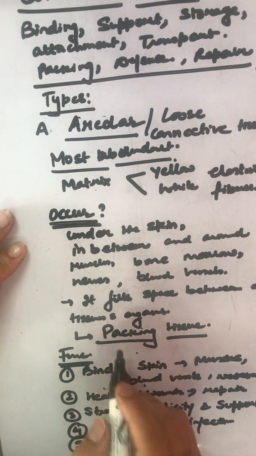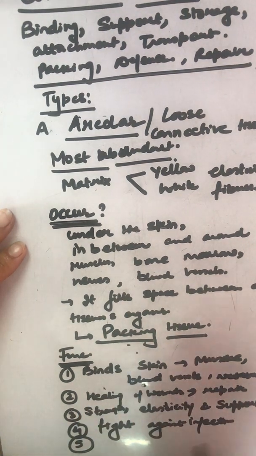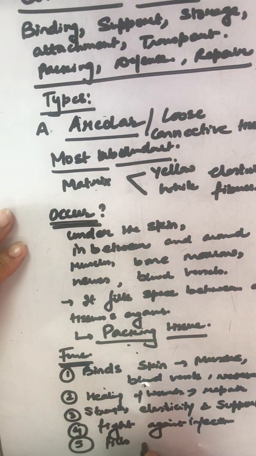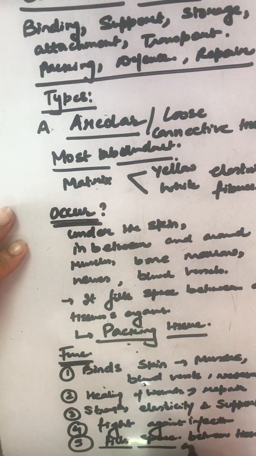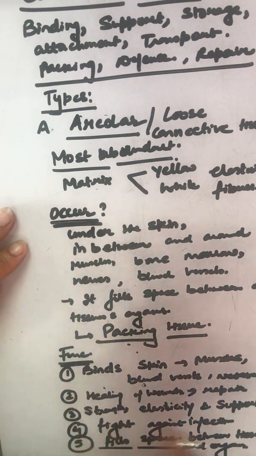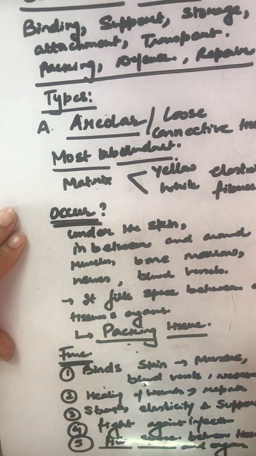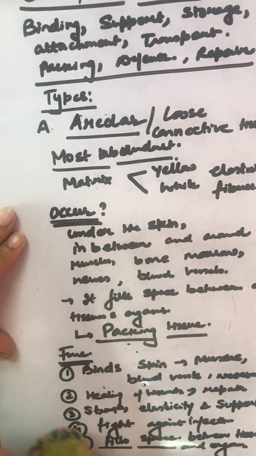And the most important thing, as a packing tissue, it fills space between tissues and organs. Clear? This is about the areolar, the first type of connective tissue.